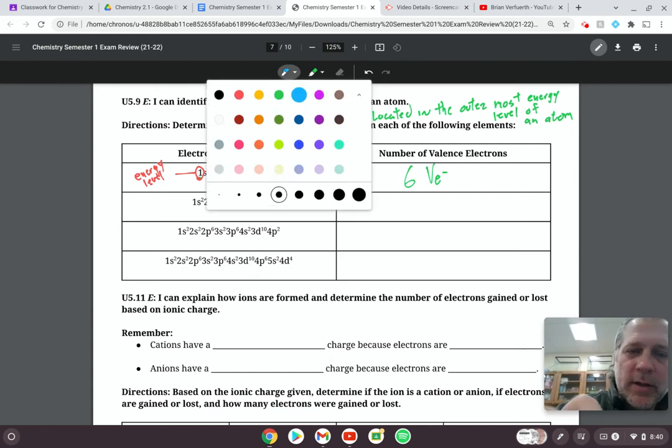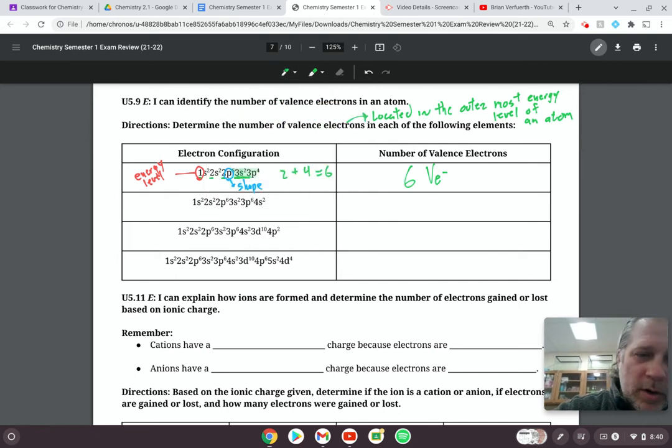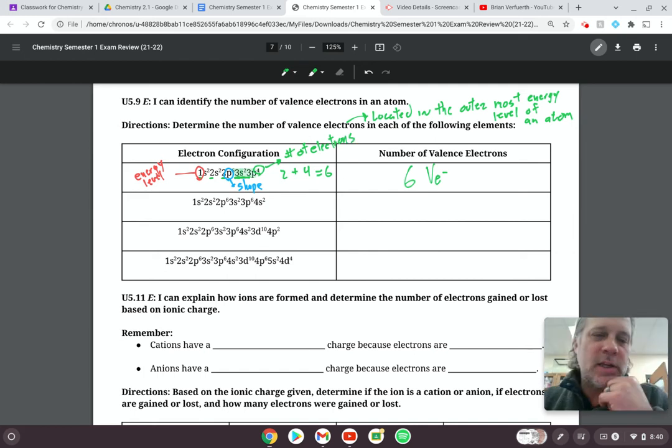And then the superscript, that guy right there, is the number of electrons. Okay, so that's kind of dissecting the key or the code of the electron configuration.